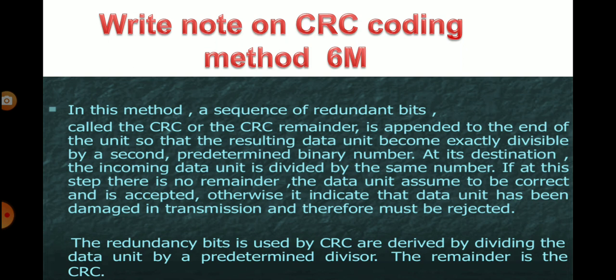If at this step there is no remainder, the data unit is assumed to be correct and is accepted. Otherwise, it indicates the data unit has been damaged in transmission and therefore must be rejected. The redundancy bits used by CRC are derived by dividing the data unit by a predetermined divisor. The remainder is the CRC.